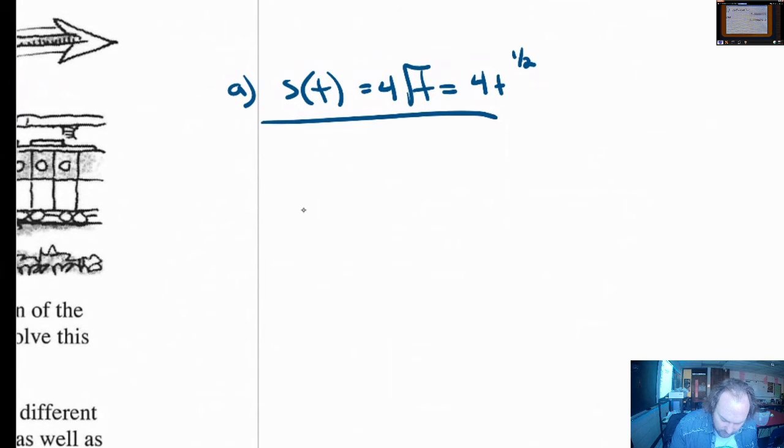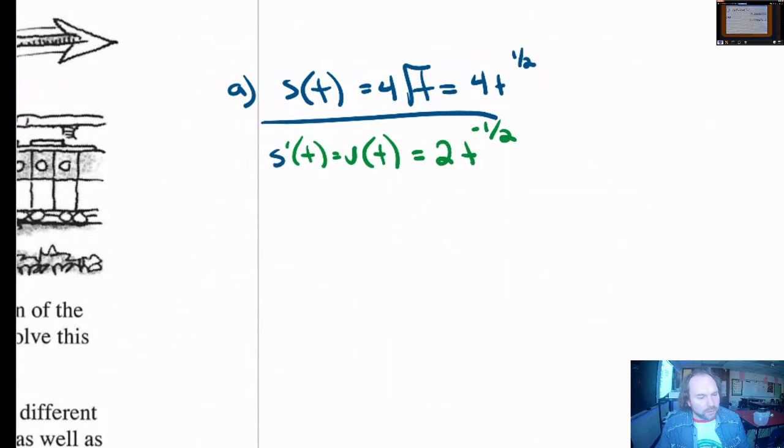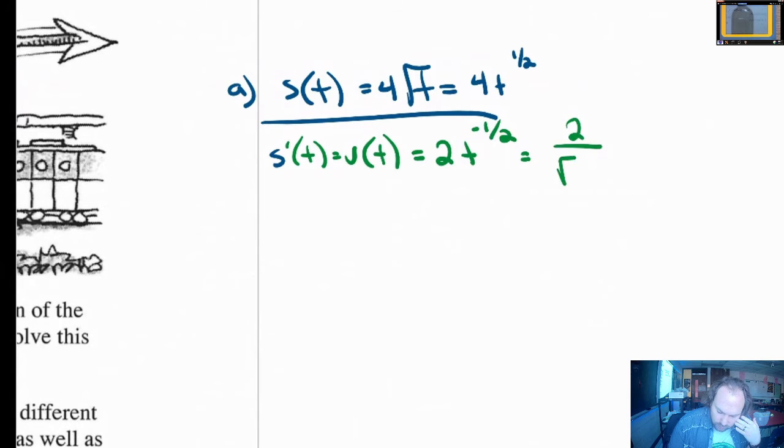Because then the derivative, s prime of t, which is the velocity, is going to be 2 times t to the negative 1/2 power, because the 1/2 times 4 will make it 2, and the 1/2 will drop down by 1. This might be better expressed as 2 over the square root of t, like that.